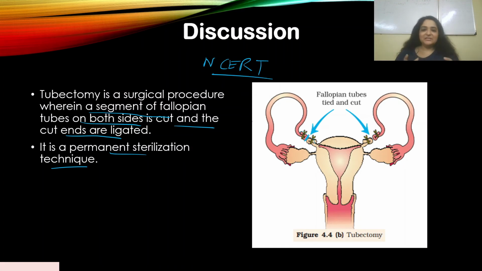You are cutting the transport that is needed for the oocyte and the sperm to meet. In the vas deferens also you're cutting the tube where the sperm would be transported to the urethra, but we are avoiding that. So this is another way by which contraceptive methods are applied in today's world, to avoid pregnancy. Okay, clear? We'll move on then.